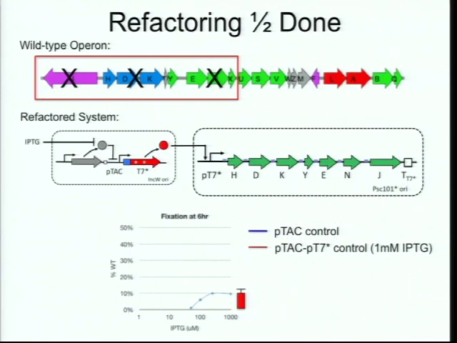All of the genes have been codon randomized, all of the ribosome binding sites are new, and so on. There's a second controller plasmid, and using this system, we're at about 10% of wild type activity. So we're recovering the activity slowly, but it's a completely different system, completely different DNA, and so on. And this is where we stand.